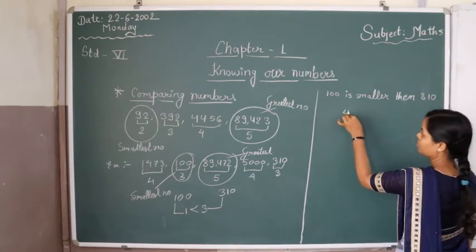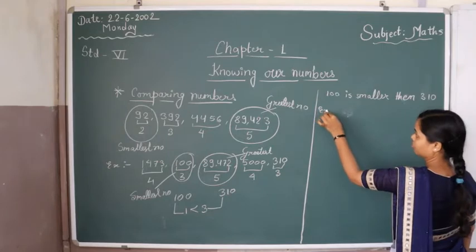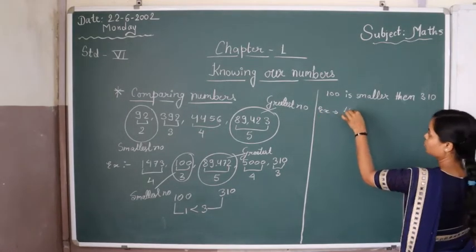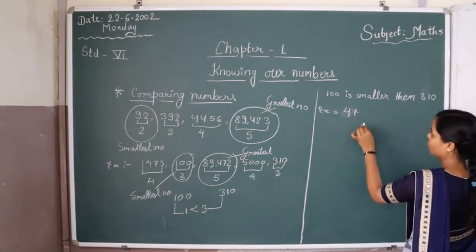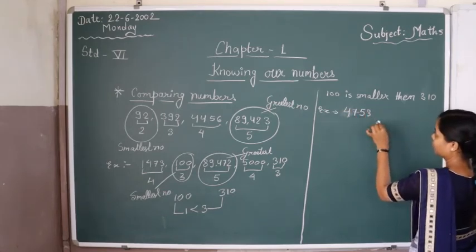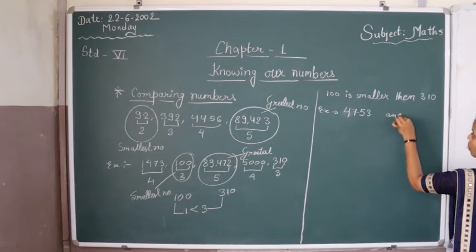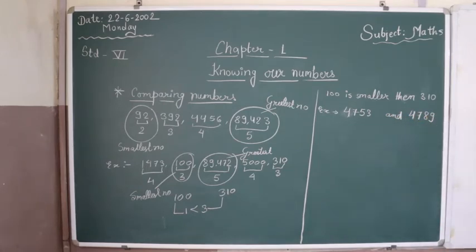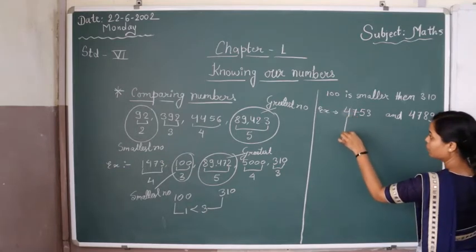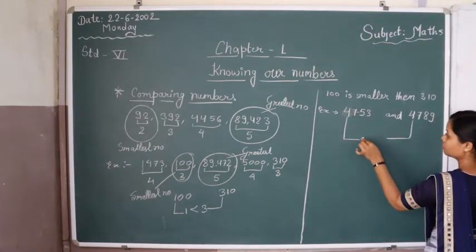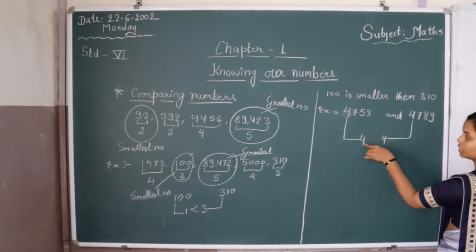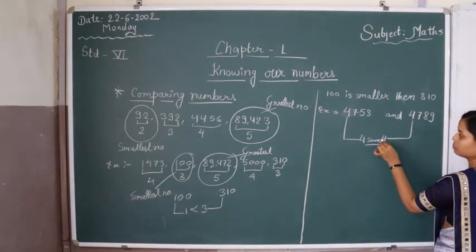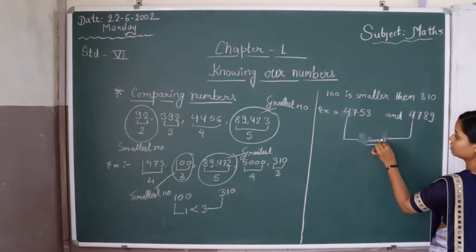If we have the same number of digits, suppose 4753 and 4789, in this situation we will compare digit by digit. Look here, in the first digit both are the same, so we write here same. Understand?